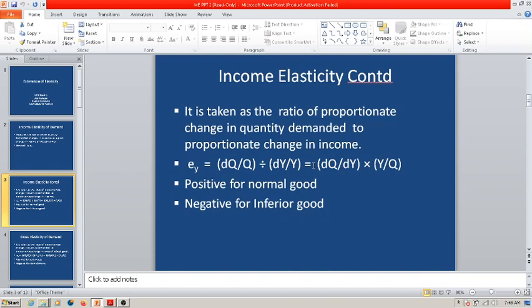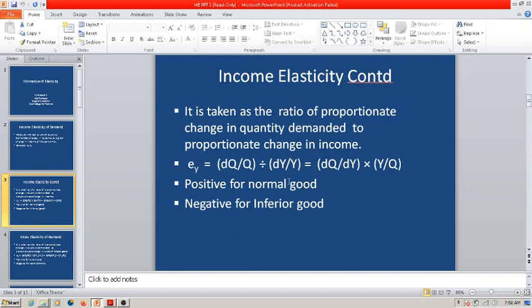For example, if you are taking a normal good, what will be the relationship between quantity demanded and income of the consumer? If you are dealing with a normal good, then if the income of the consumer increases, normally there will be a hike in the quantity demanded of that.